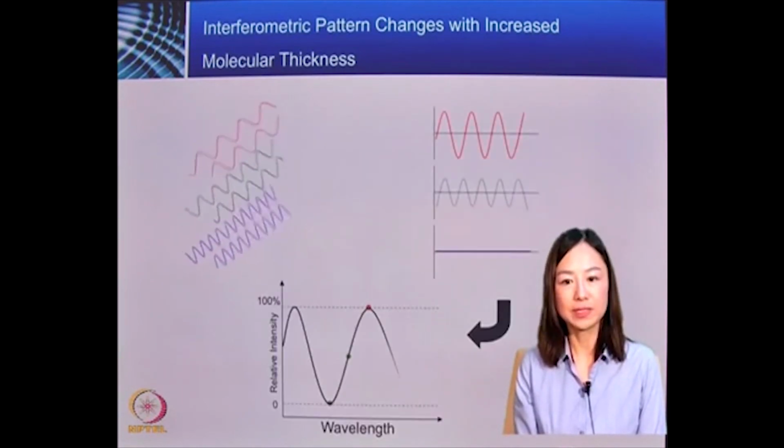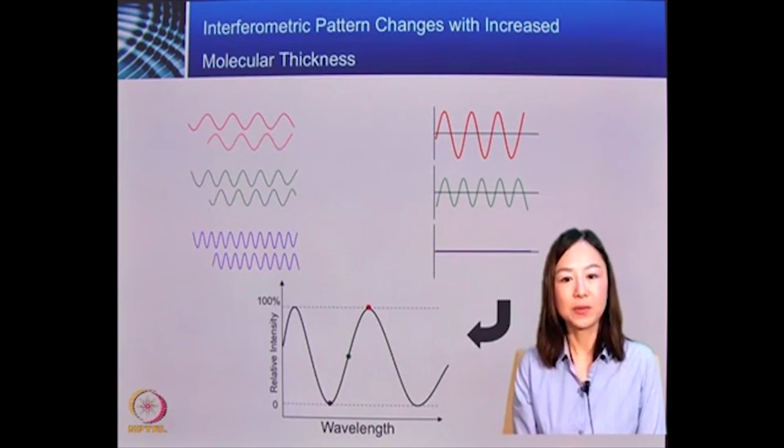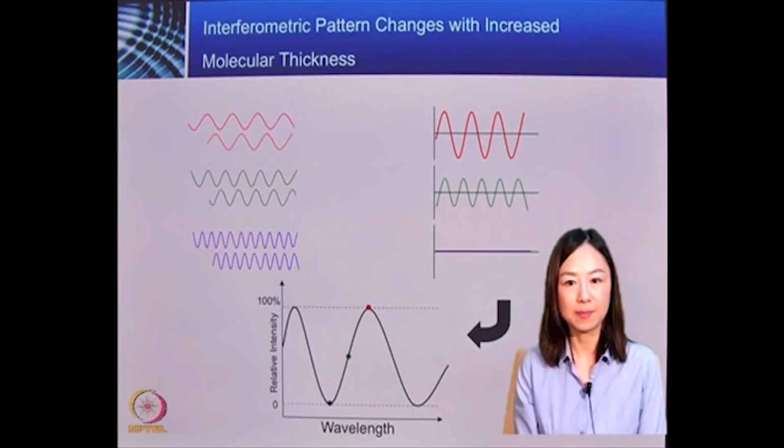As a result, originally we have a wave pattern as shown here, but after the interaction happens, because the interference changes, we'll see a different wave pattern. It's kind of a shift from the original wave pattern.